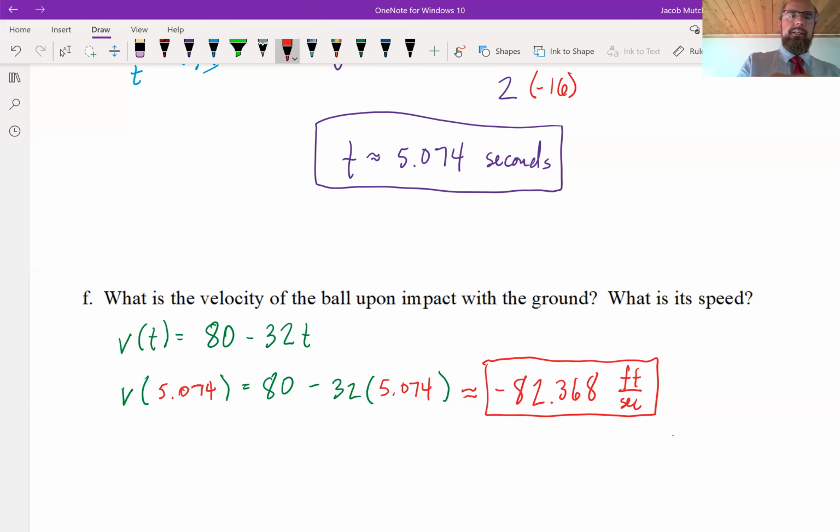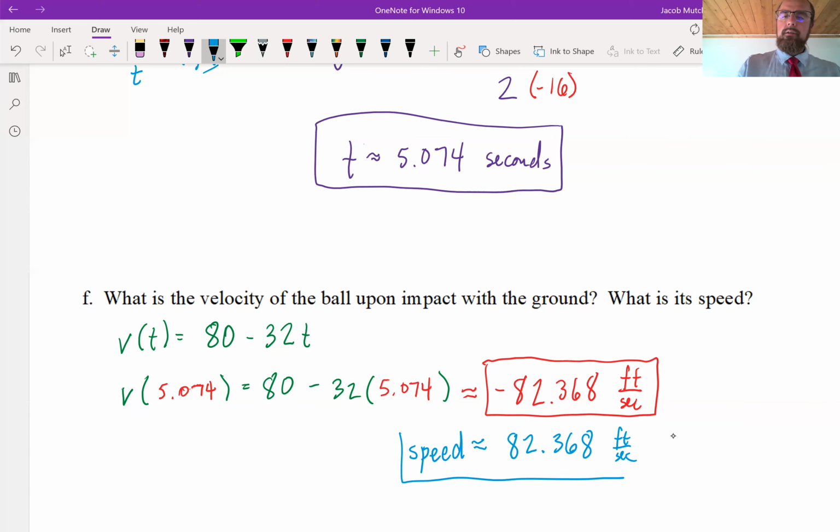But in terms of speed, what we would say is, hey, the speed is just what's the magnitude of that velocity? All we got to do is take off the negative. It's 82.368 feet per second. So again, that's just a physics consideration to say the velocity, which we would say is a vector, has both magnitude and direction. Whereas speed, it's not a vector, we call it a scalar, has only magnitude.